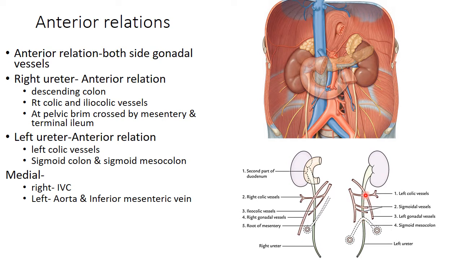So on the left side, the first structure related anteriorly is the left gonadal vessels, then left colic vessels, sigmoidal branches of the inferior mesenteric artery, and then the sigmoid mesocolon at the pelvic brim. So these are the anterior relations of the right and left ureter.